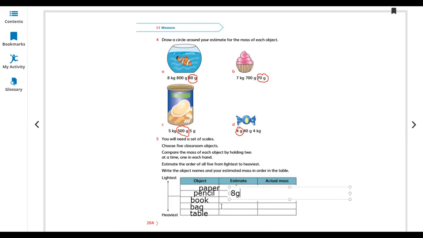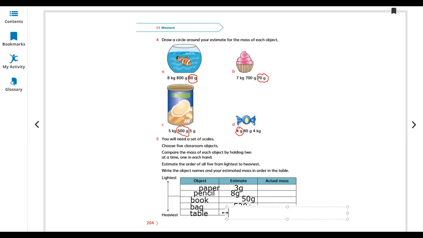I'm just assuming. Book, this is a 25 gram, sometimes 50 gram. Some books are more than this. Bag, if you have a book 50 gram, then it's maybe more than 520 gram.